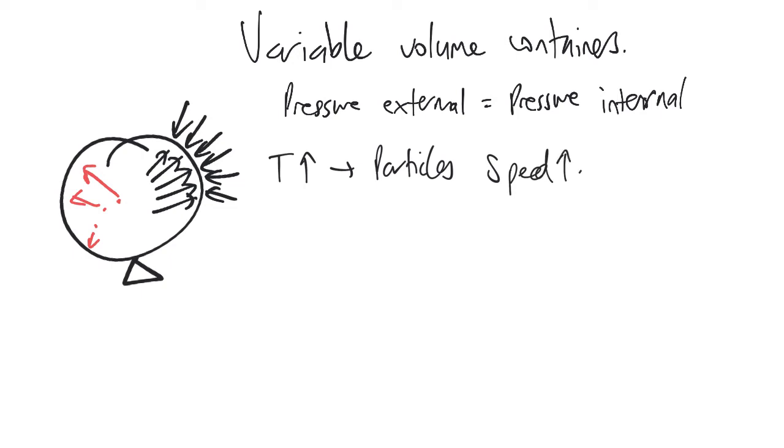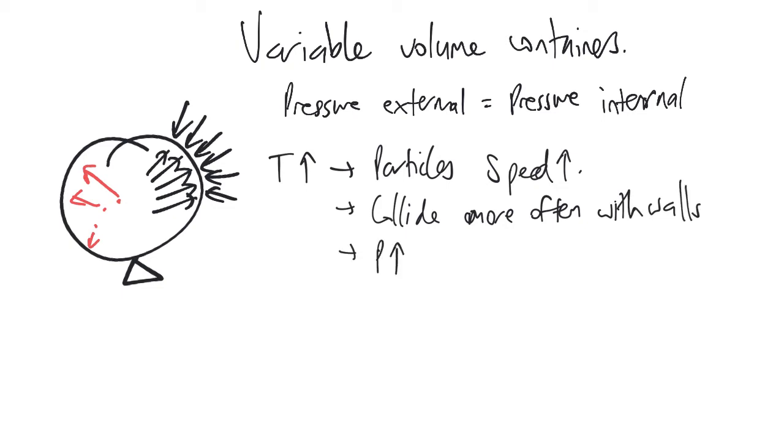All right, if their particle speed increases, they collide more often with the walls, which leads to an increase in pressure. Now, you can't have the internal pressure higher than the external pressure. So you've got to make sure that the pressure internally and the pressure externally are equal.